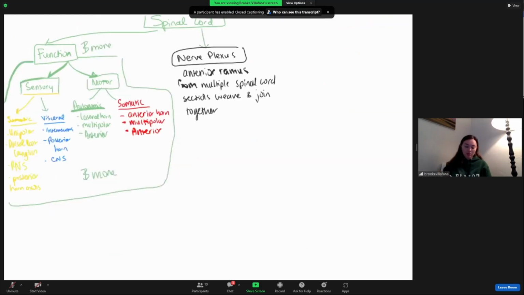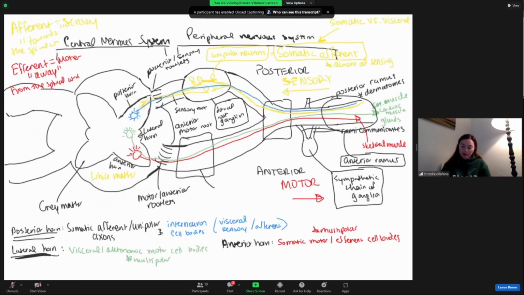When the anterior ramus from multiple spinal cord sections weave and join together, what the anterior ramus becomes is actually a nerve. So I could draw an arrow that represents if it continued on. If I kept drawing this moving on, this now is called a nerve.